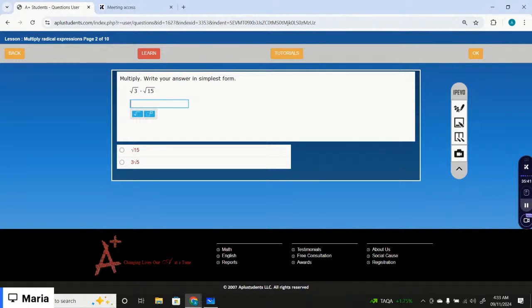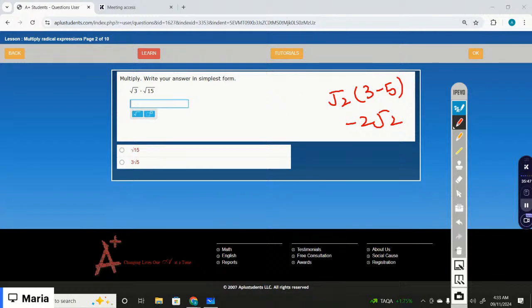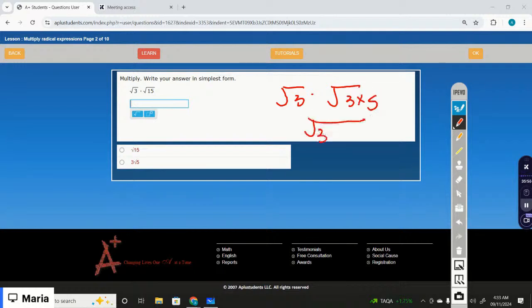Multiply square root 3 times square root 15. So let's just write down their prime factors. You can write 15 as 3 times 5. So then you can write them as 3 times 3 and square root 5. That is 3 square root 5.